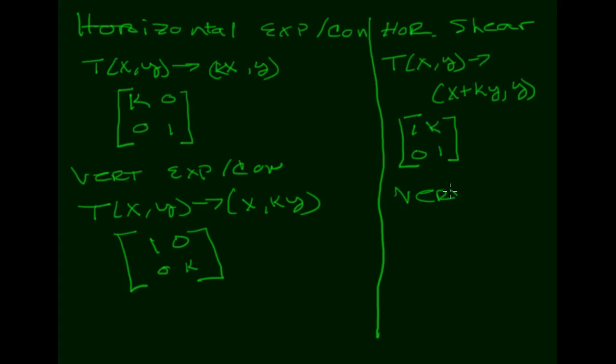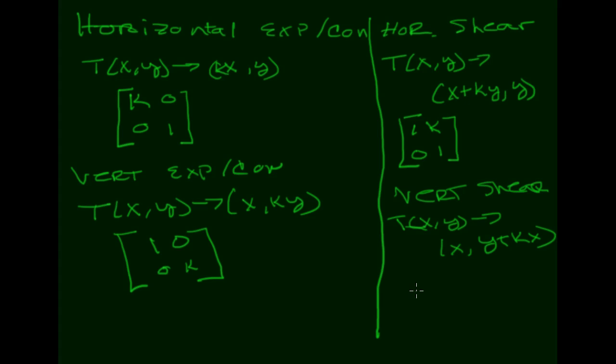A vertical shear is a similar geometric move, but now to the right of the y-axis I go up, and to the left of the y-axis, I go down. So this would be the linear transformation T(x, y) goes to (x, y plus kx).